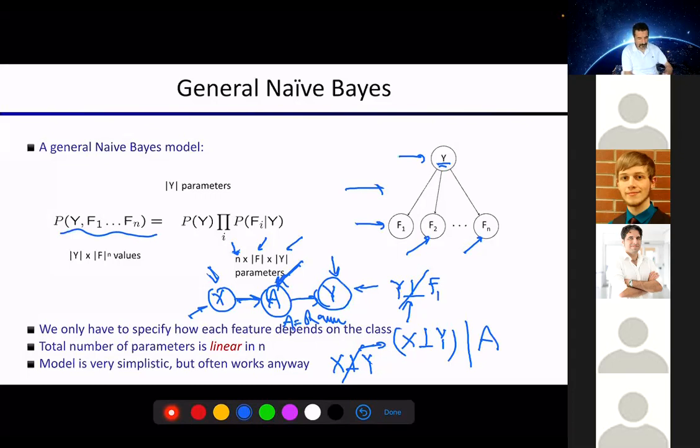So in this case, we can say that X and Y are independent given A, right? Because if we know about A, then X and Y become independent. But if we don't know anything about A, we cannot say that X and Y are independent. So that's the kind of reasoning we can have.